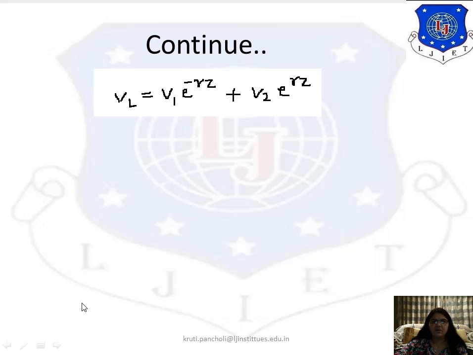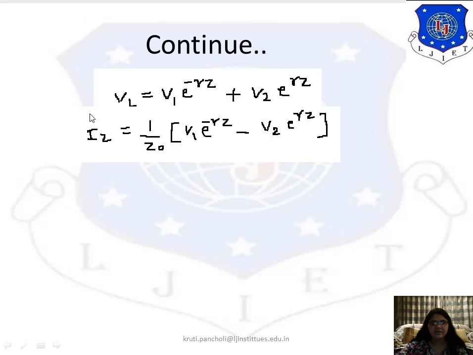Now we know the VL value: VL is V1 e raised to minus gamma Z plus V2 e raised to gamma Z. We can write the value of the current as V upon R, where the impedance is Z0, the characteristic impedance.